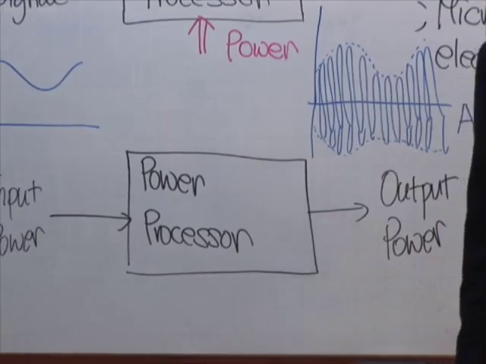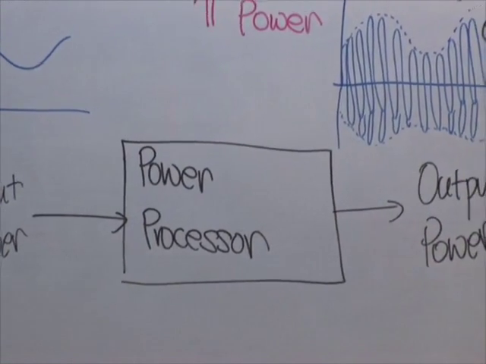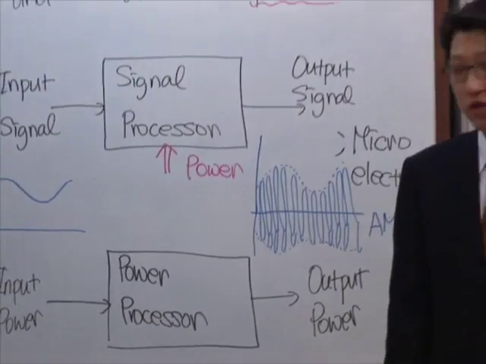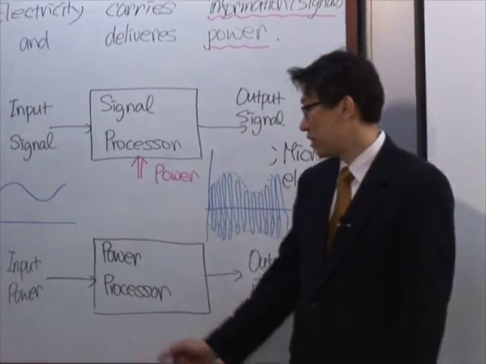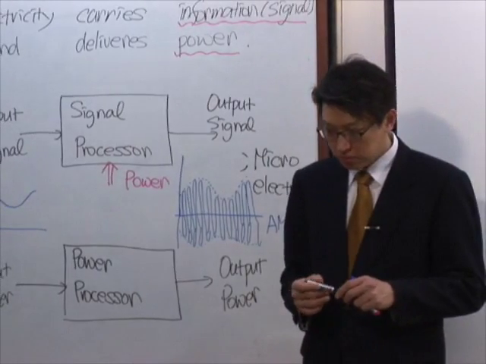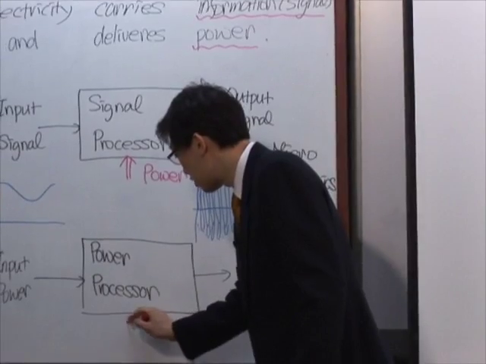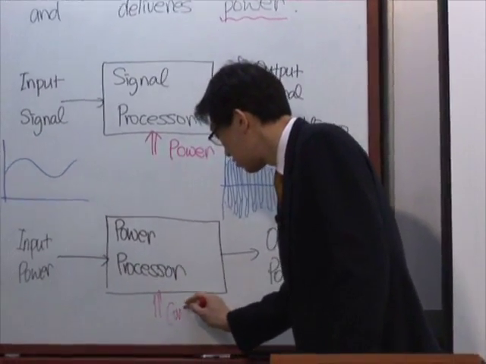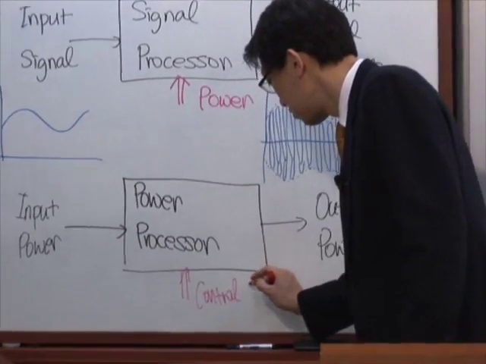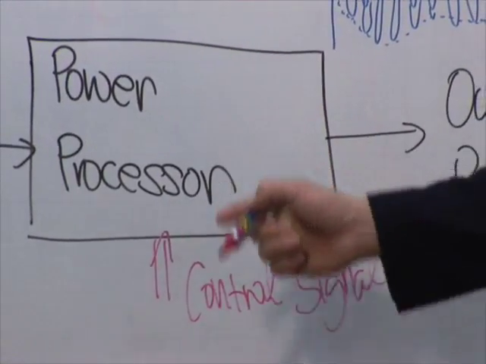Output power is determined from the customer side, and input power is given from the outside. And here we have a control signal controlling this power processor.